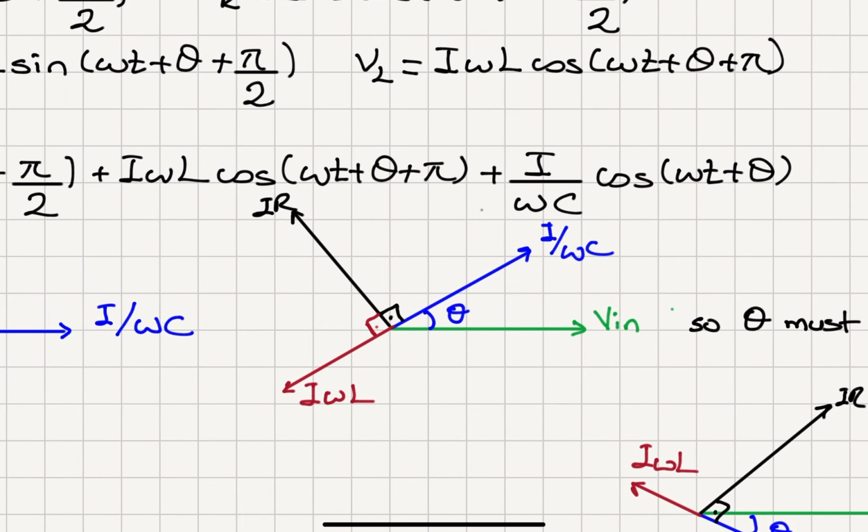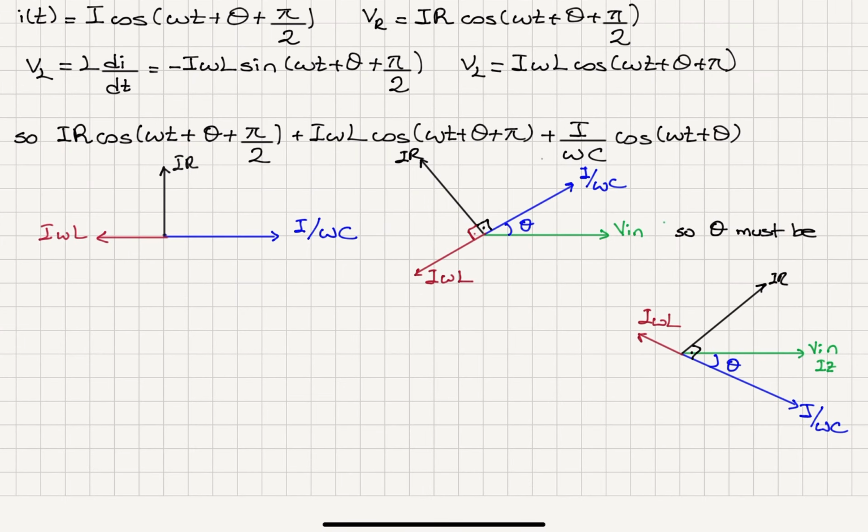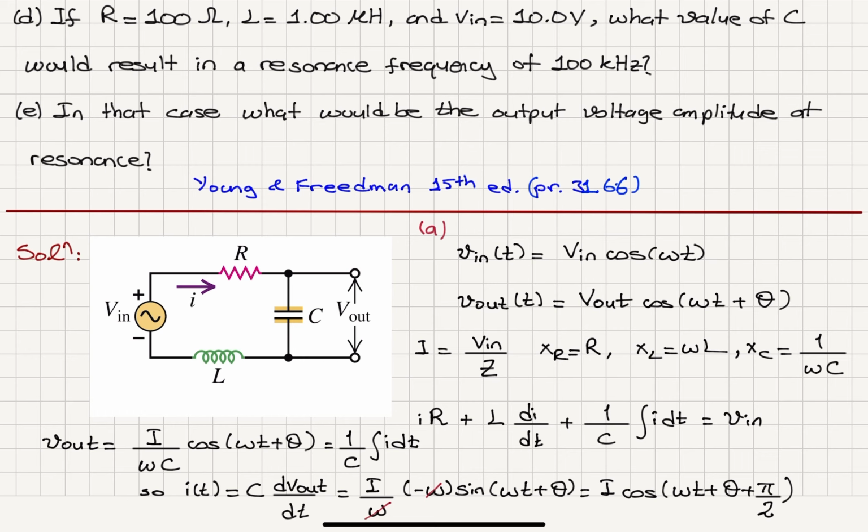And this must be the total voltage. So basically, I've looked at VR, VL, and VC here. So this is plus minus VR, plus minus VC, plus minus VL. And all of these voltages will add up to the input voltage in this loop. So this is my KVL loop here that I'm considering.